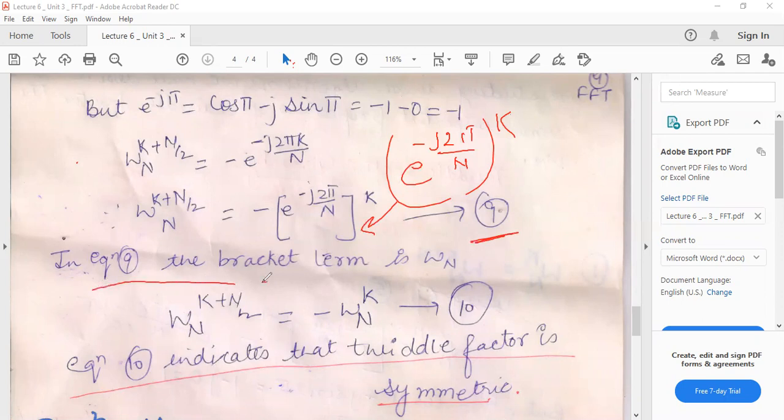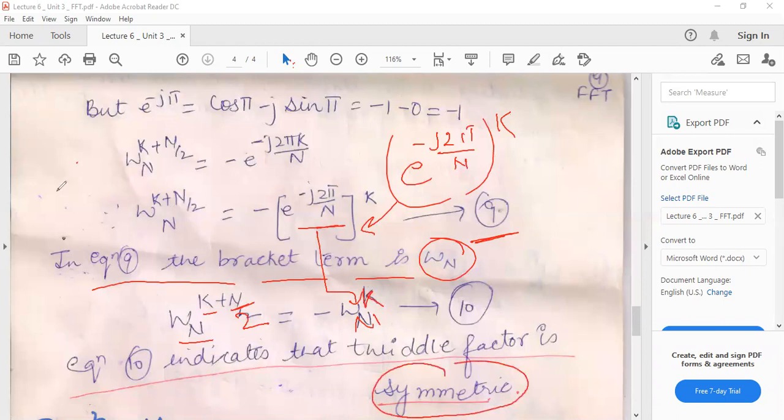Now in equation 9, the bracket term is omega N. So this particular term is nothing but omega N. So what we have got? We have got W_N raised to the power k plus N by 2 is equal to minus W_N raised to the power k. So this shows that the Twiddle factor is symmetric.